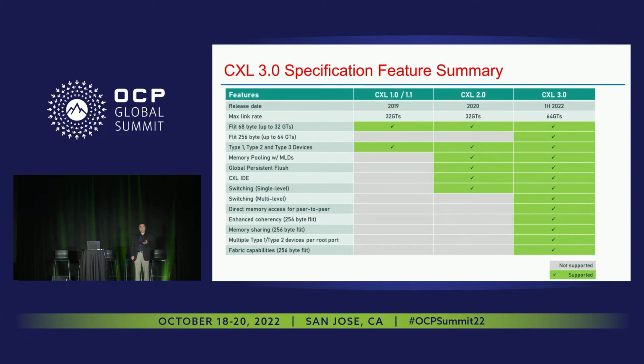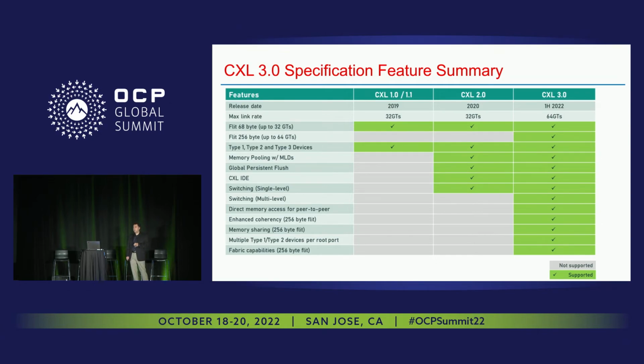A notion of security is important, so CXL IDE was the one to provide link level security on the CXL fabric. And switches were introduced to do one layer of switching.